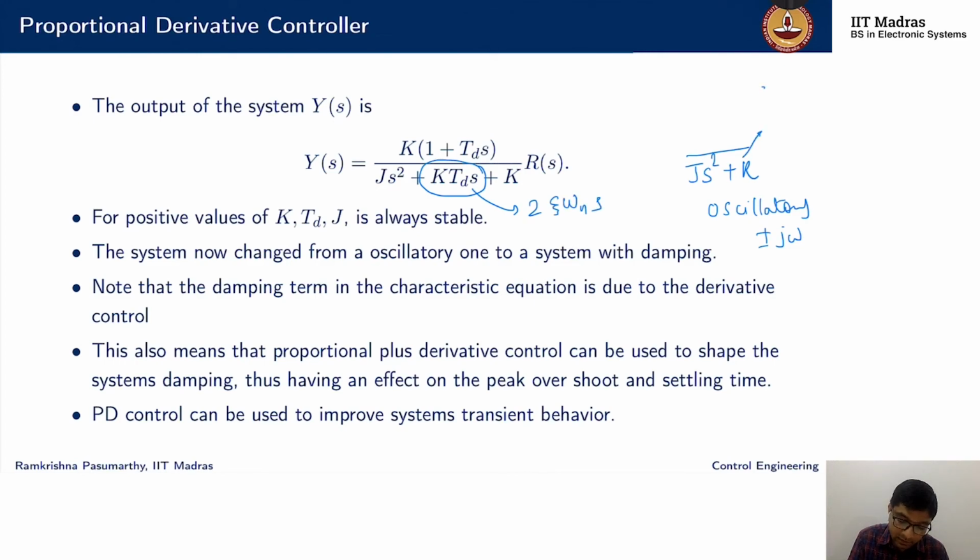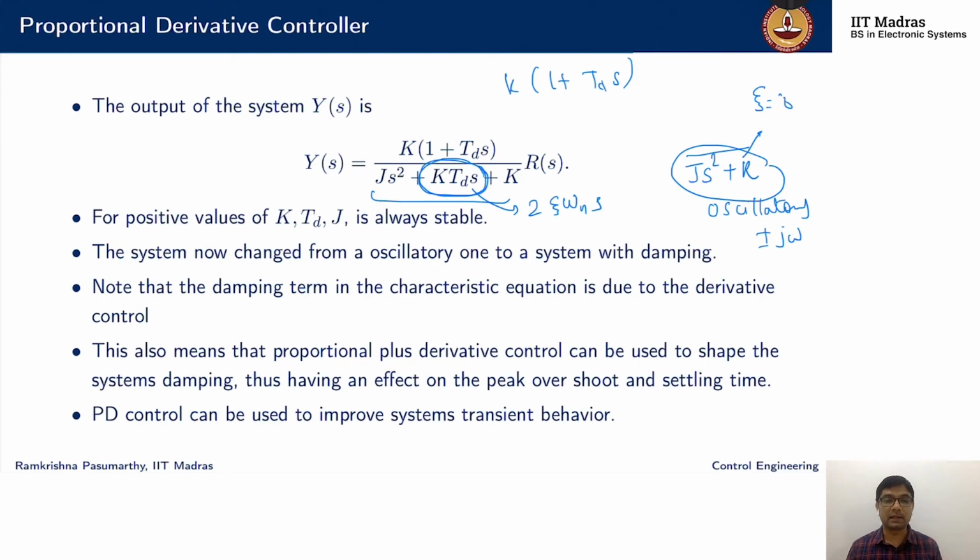Here the zeta was 0. So adding k times (1 plus Td s) adds a damping term. And this system by itself, for all positive values of k, Td, and J, is stable. The system has changed from a purely oscillatory system to a system with damping. Note that this damping term in the characteristic equation, or in the denominator of the transfer function, is due to the derivative control.